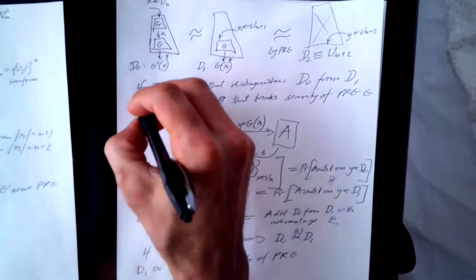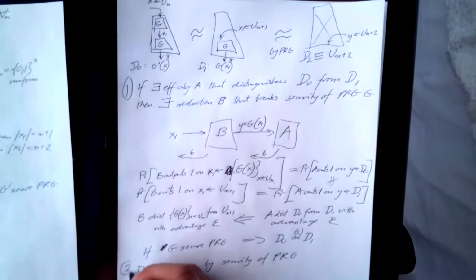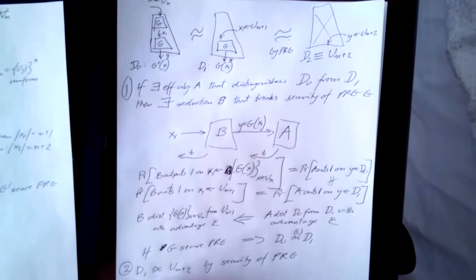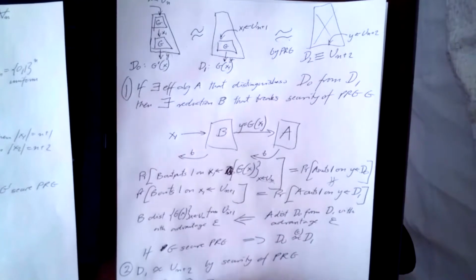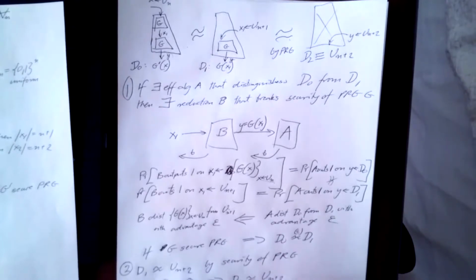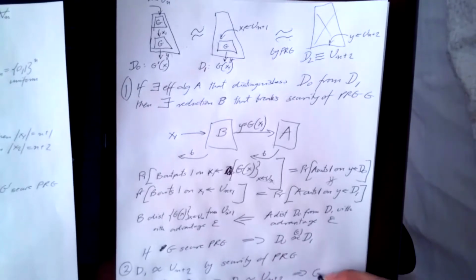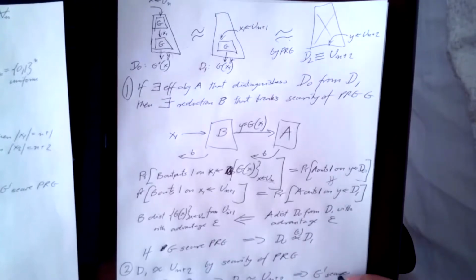So this was my first step in the proof. This is my second step. And the third is that by these two, it follows that D0 is indistinguishable from UN plus 2, and therefore G prime is a secure PRG.